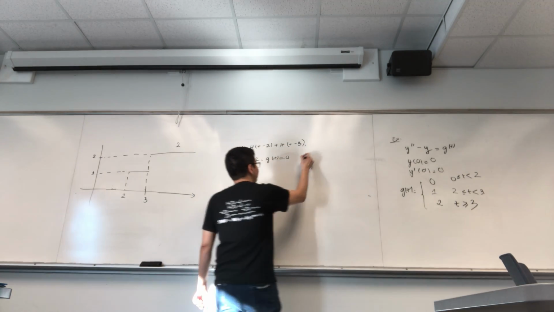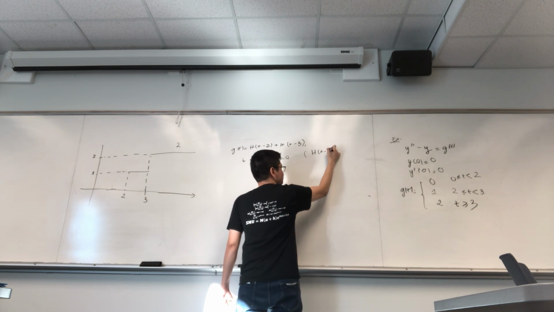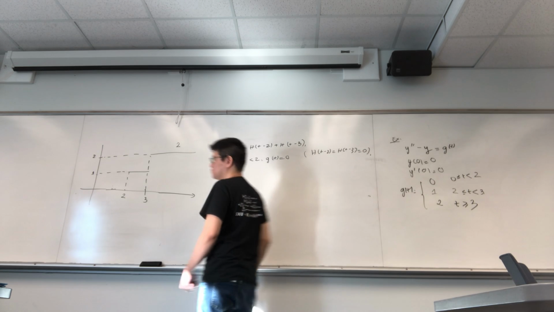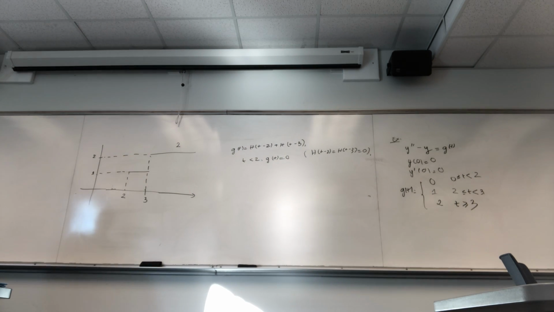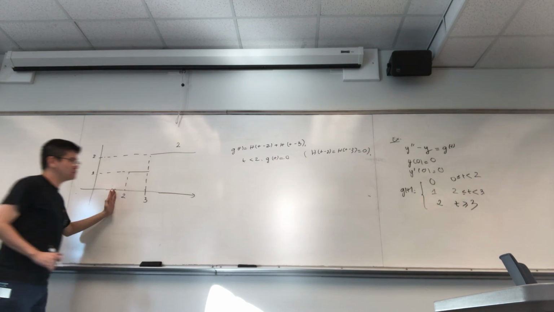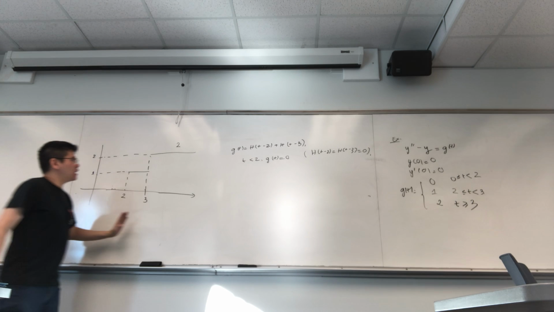So when t is smaller than 2, both functions h(t minus 2) and h(t minus 3) are 0, so g should be 0. So this is like what we have here, right?